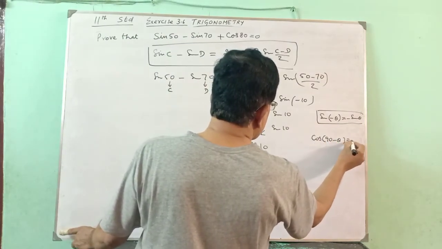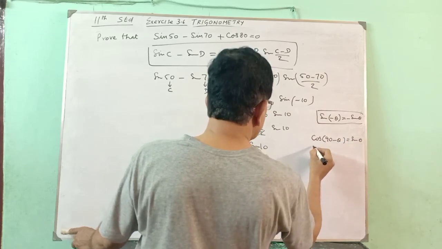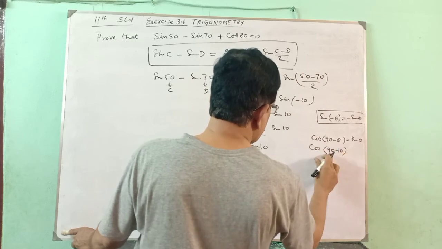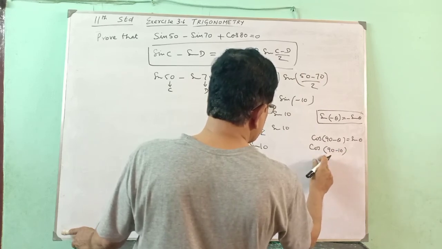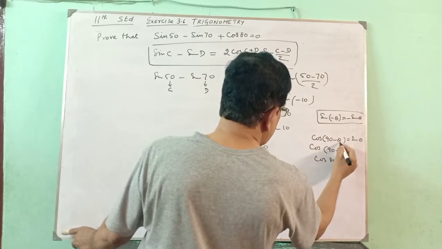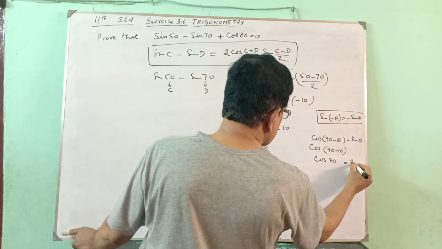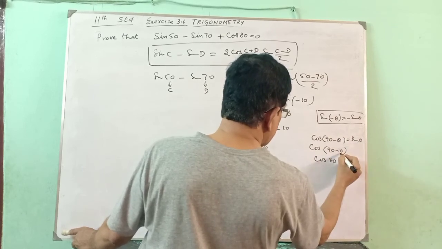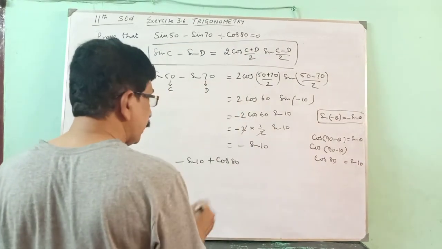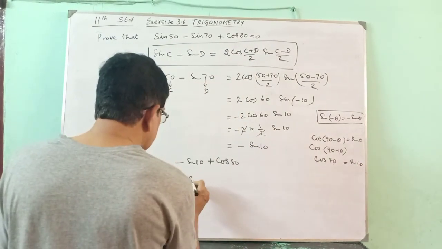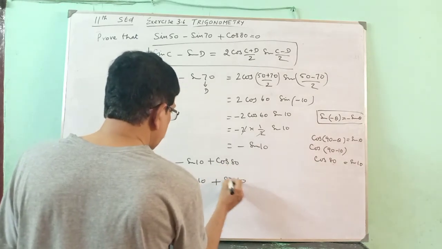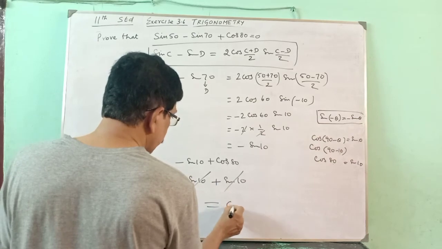Cos 80 is cos (90 minus 10), so here theta is 10, and cos 80 is equal to sin 10. Minus sin 10 plus sin 10 is equal to 0.